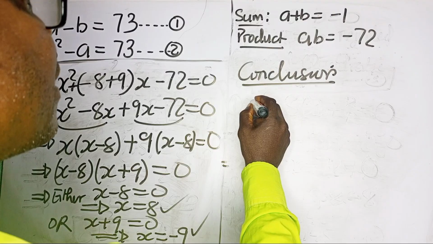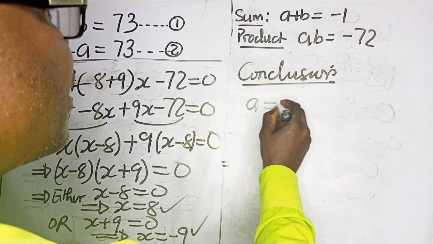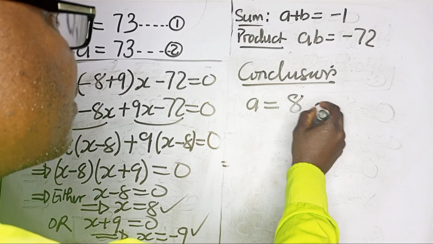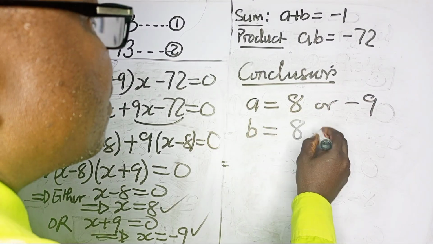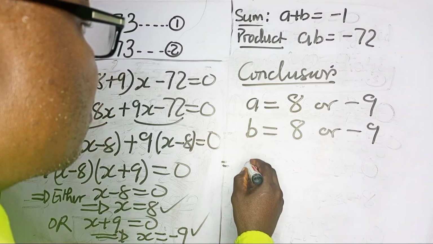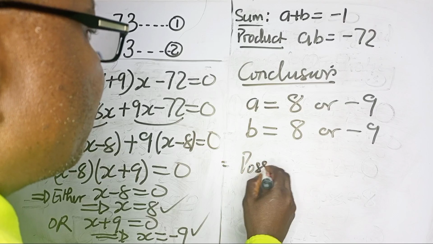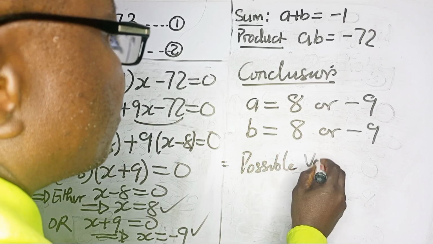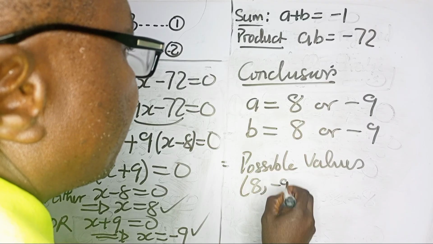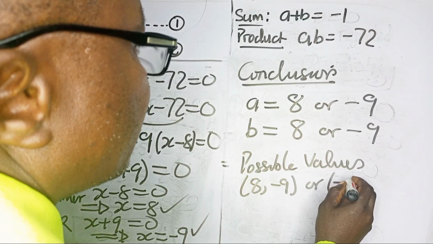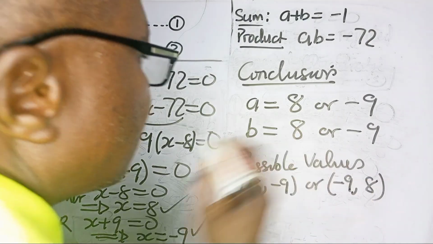So we are saying that a can either be 8 or negative 9. B can also be 8 or negative 9. So possible values are 8, negative 9, or negative 9, 8.